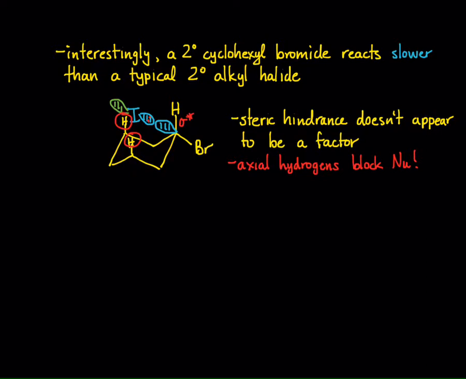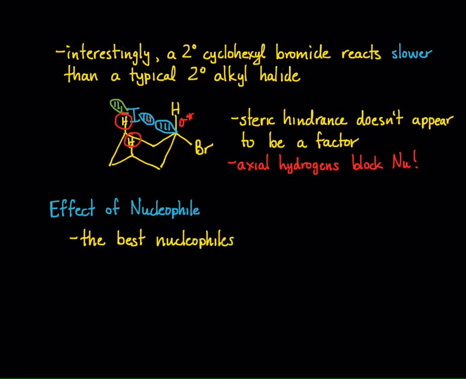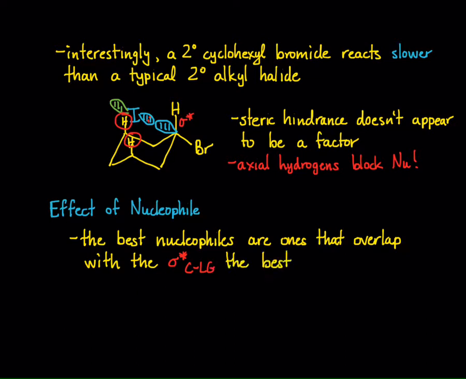But the substrate isn't the only thing that's involved in the rate, right? We have the substrate, we also have the nucleophile. And so the next thing that we can take a look at is the effect of the nucleophile. And we see that the best nucleophiles are the ones that overlap with that sigma star carbon leaving group bond the best.